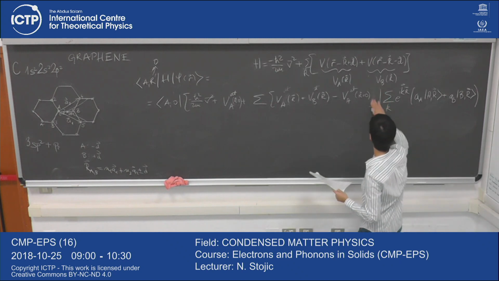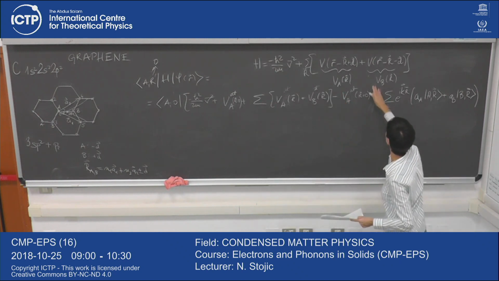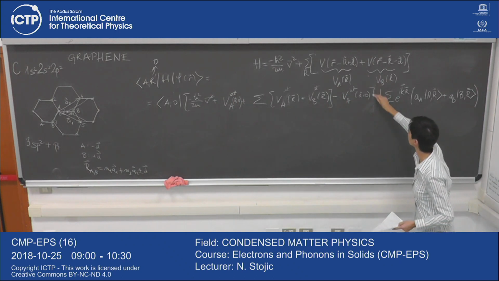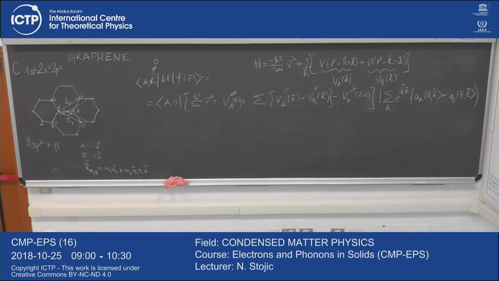And this shouldn't be in the sum, like that. Here is the big one. Okay. I think it's correct. When you see a mistake, just let me know so that other people at least copy it correctly.